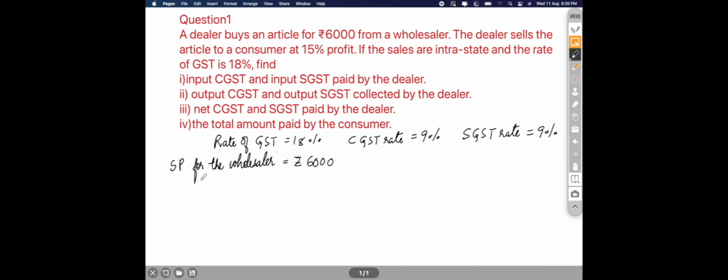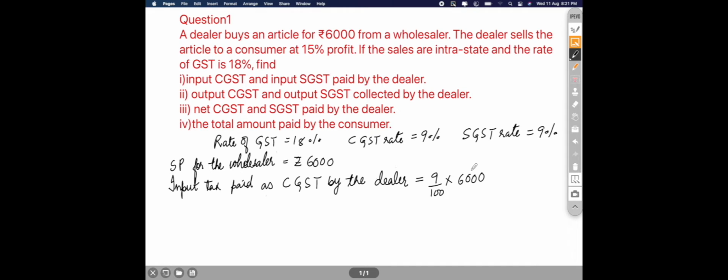So now the amount of tax that the dealer will pay to the wholesaler as CGST. So here input tax paid as CGST by the dealer equals to 9% of 6,000.